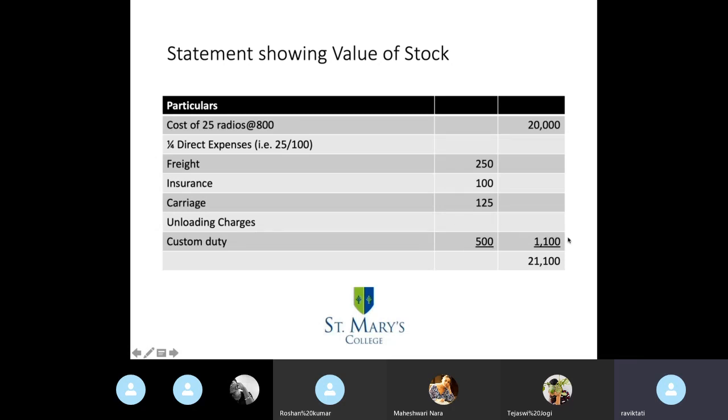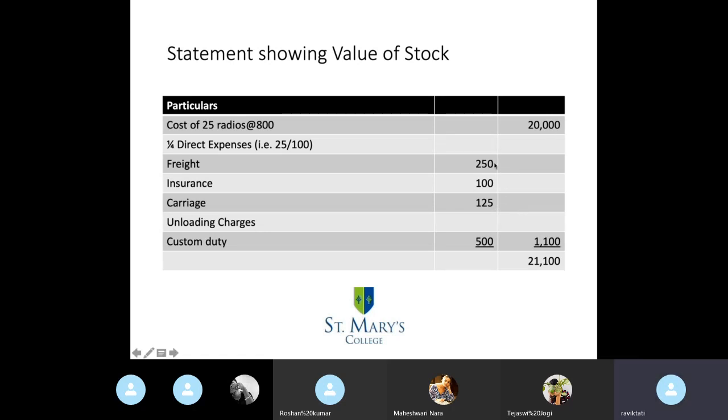1100 is the total amount of the expenses incurred. Look at this. The consignee's expenses are 100, 125, 500, and the consignor's expense is 250.